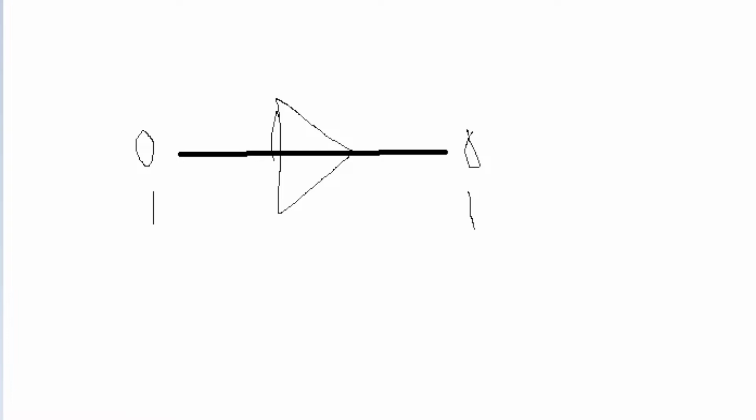So I guess everyone knows the NOT gate: if the input is 0, the output is 1, and if the input is 1, the output is 0. Now our task is to build it.